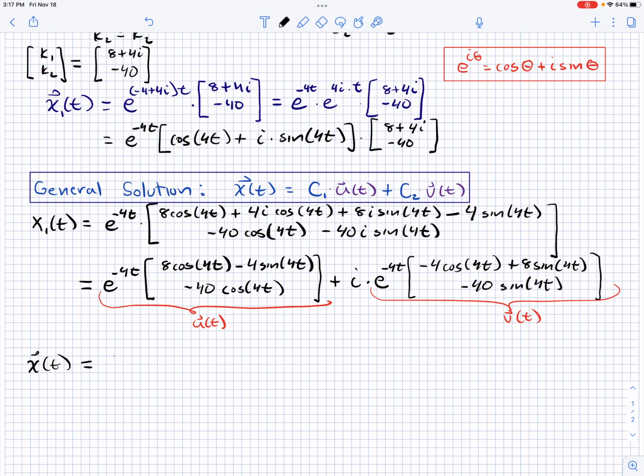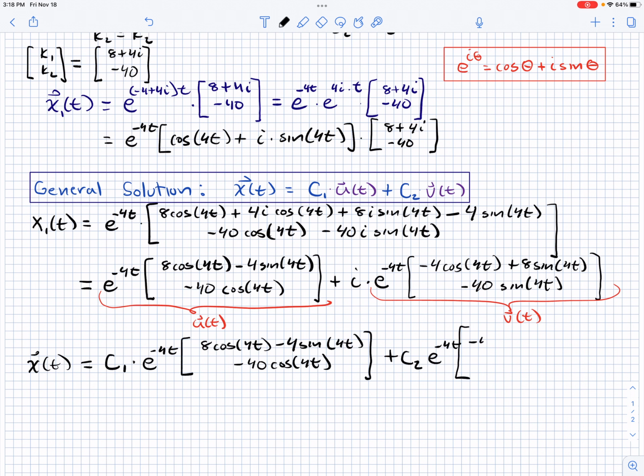It is going to be equal to some constant times the u of t, which is e to the negative 4t, 8 cosine 4t minus 4 sine 4t, negative 40 cosine 4t in the bottom, plus constant times e to the negative 4t, negative 4 cosine 4t plus 8 sine of 4t, negative 40 sine 4t.